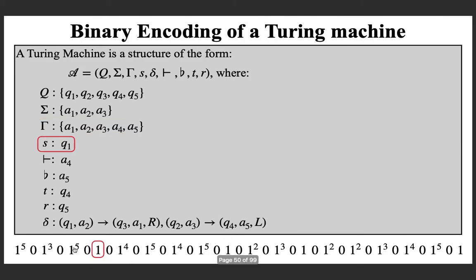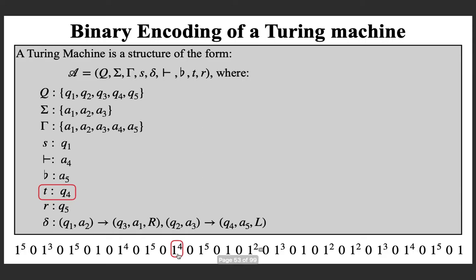Next, the fourth is the start state. It tells you that the first state here is going to be the start state. The next is the left-end marker. It says that the fourth alphabet on the tape alphabet, that is A4, is going to be the left-end marker. Then it says the fifth tape alphabet, that is A5, is going to be the blank symbol.